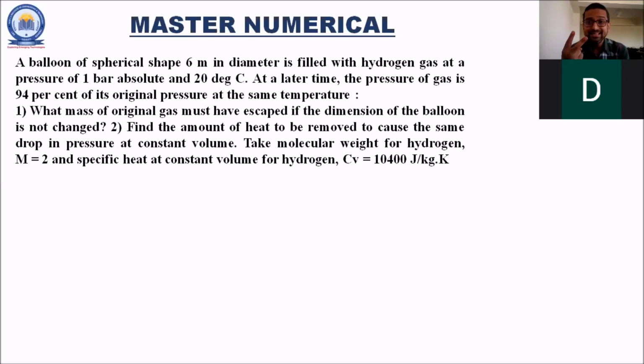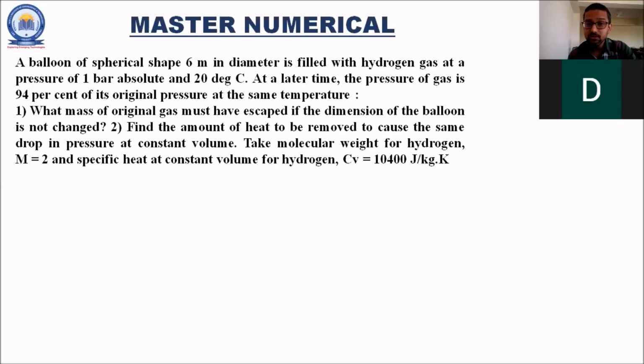Then two different cases are given which we need to calculate. In the first case, what mass of the original gas must have escaped if the dimension of the balloon is not changed. And in the second case, we need to find out the amount of heat to be removed to cause the same drop in pressure at constant volume.